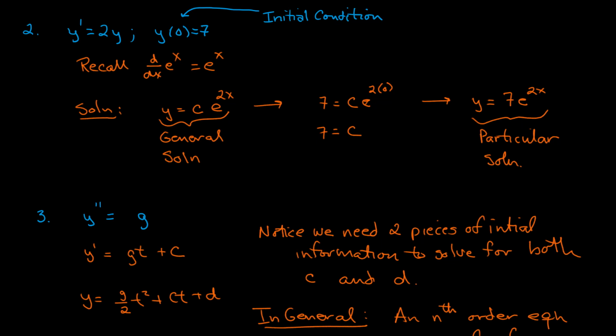We can substitute this value of 7 in for c in our general solution. When we do that, as you can see over on the far right-hand side, we now have y is equal to 7 e to the 2x. This is a particular solution, particular because the coefficient in front is adjusted to a specific initial condition.